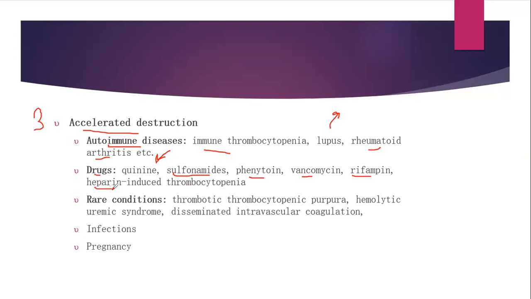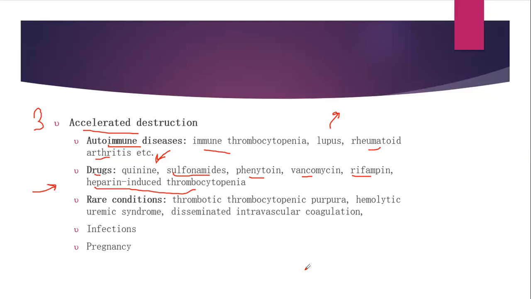This is the most common cause, by the way, drug-induced thrombocytopenia, that is heparin-induced thrombocytopenia. Due to heparin there is a bleeding tendency, and then the platelet amount decreases.